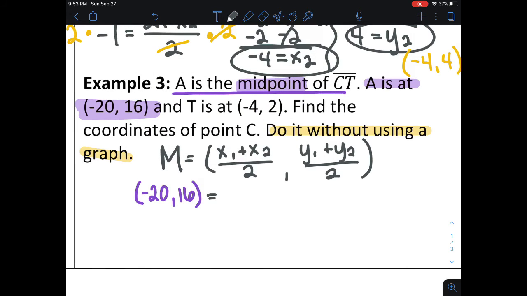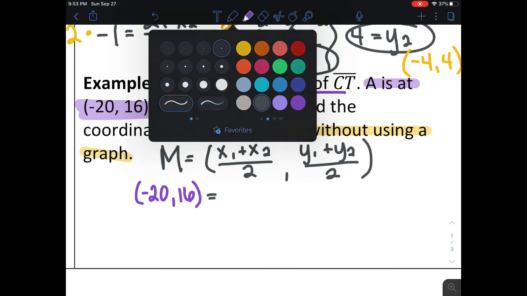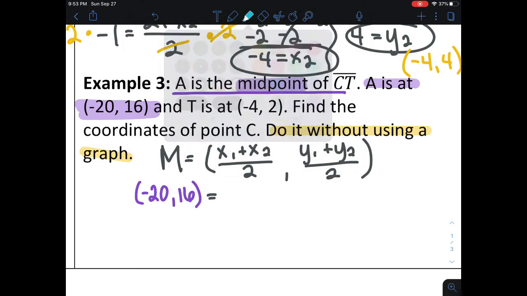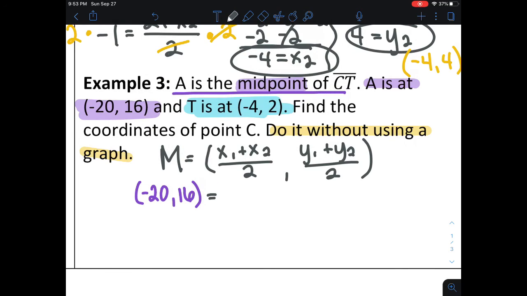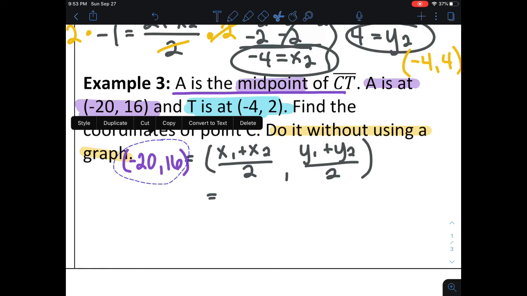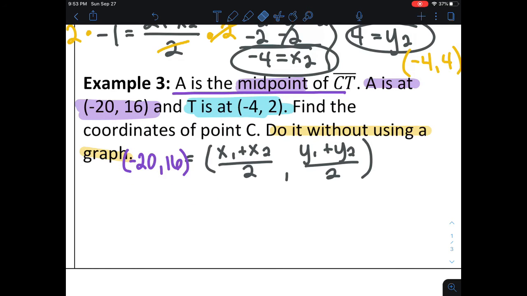After you do that, it says T is negative 4, 2. So I'm just going to highlight that. I'll just erase and replace, save myself a little trouble. Okay, so that goes there.